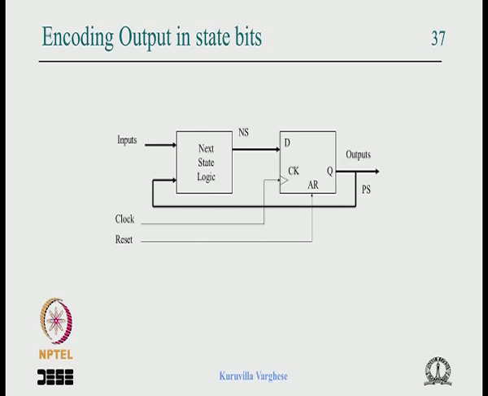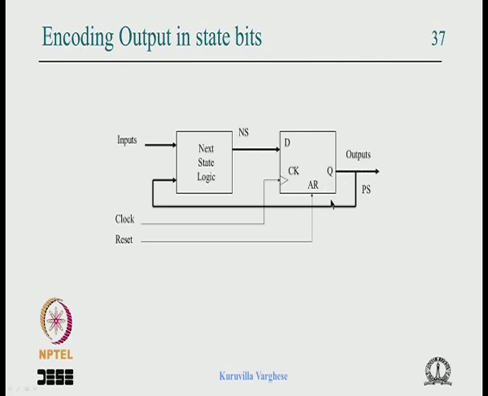The other scheme is to use the present state as output. There are a lot of points to ponder, such as how many outputs there are and how many state flip flops there are; one could be greater than the other.